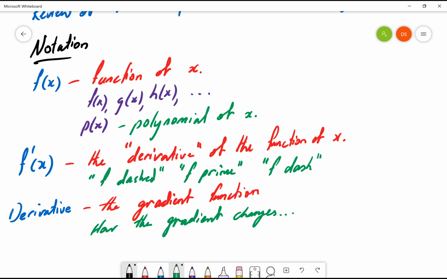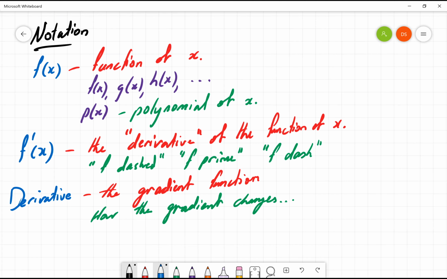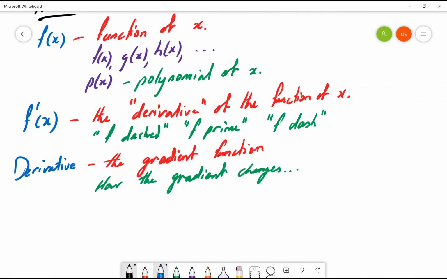Sometimes instead of derivative, I might use the word differential, and I kind of mean the same thing. They're kind of interchangeable, differential, derivatives, depending on what you're trying to do. Okay? Then, I also have y. y is a typical function of x.